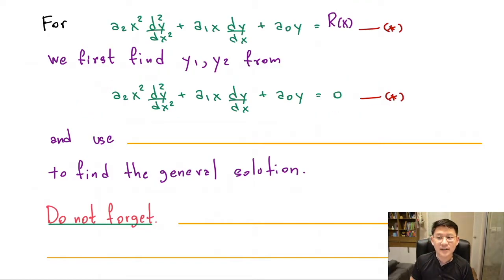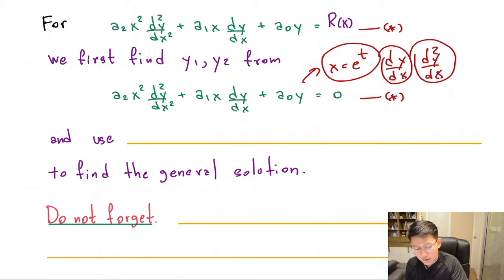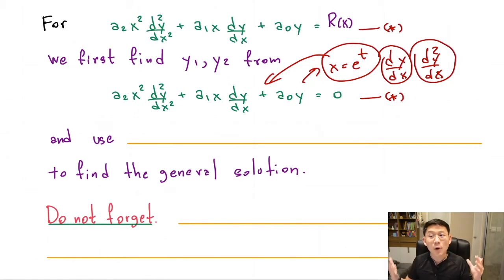To find that, we would let x be e to the t, and then we find dy by dx and the second derivative, and then we put all of these in the equation. So we can obtain the two solutions, because it's a second order equation.